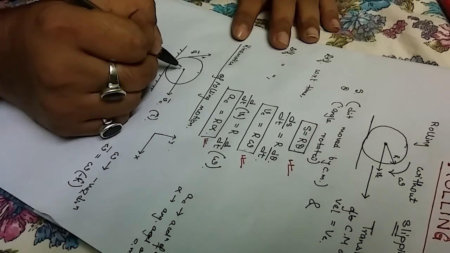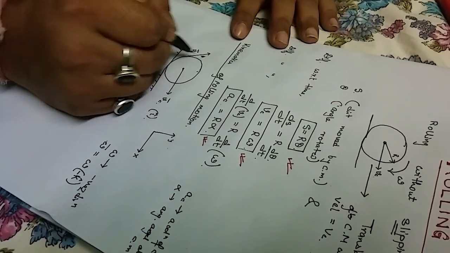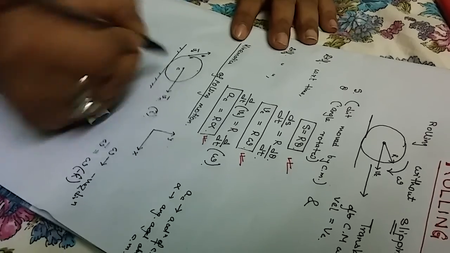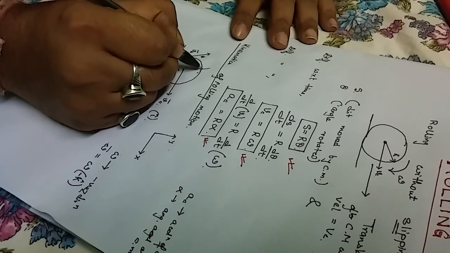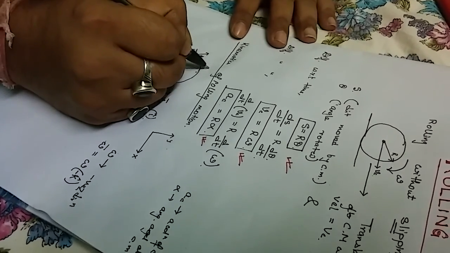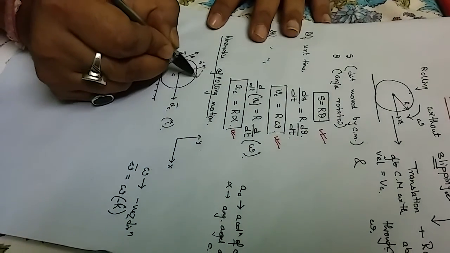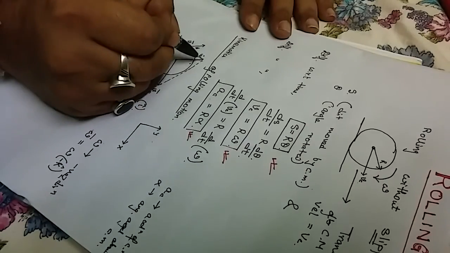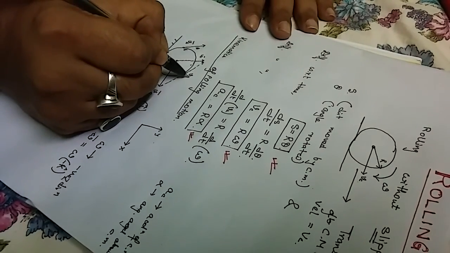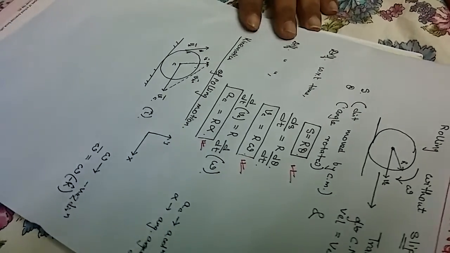So if I have to find the velocity of A with respect to C, we shift this vector like this, complete the vector triangle, and denote it by VAC.